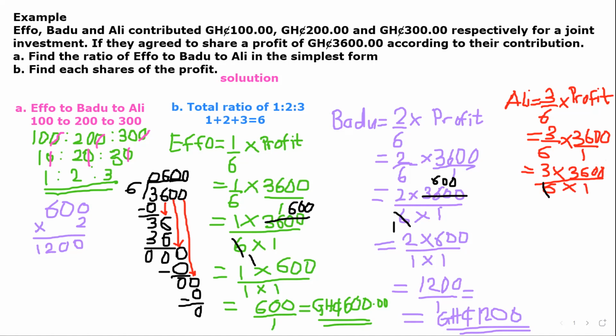You already cancel 6. So 6 goes here, 1. 6 goes into 3,600, 600 times. Okay. The remaining numbers at the numerators is 3 times 600 all over 1. The remaining here is 1 times 1.